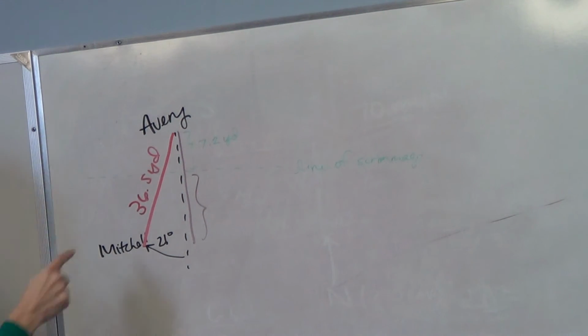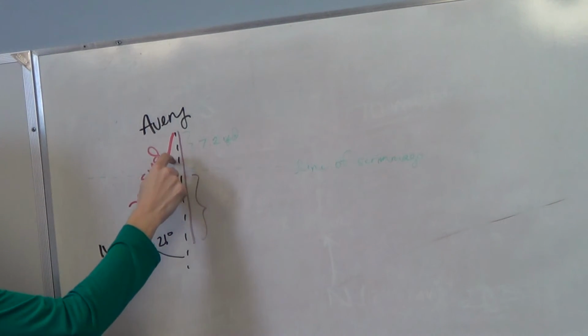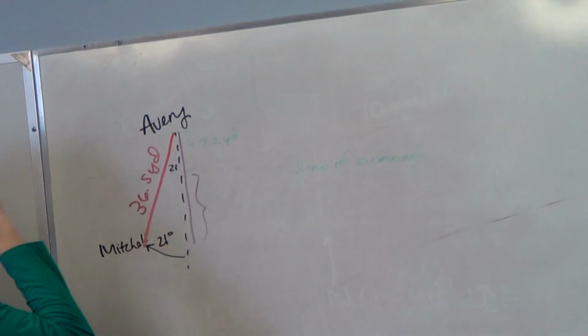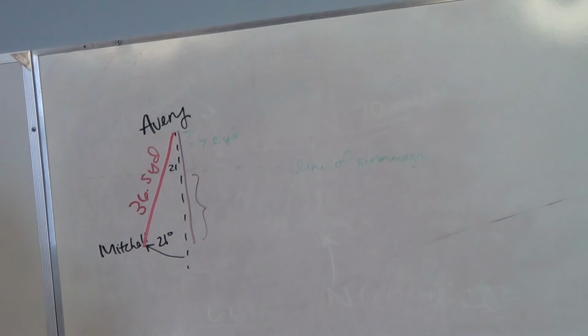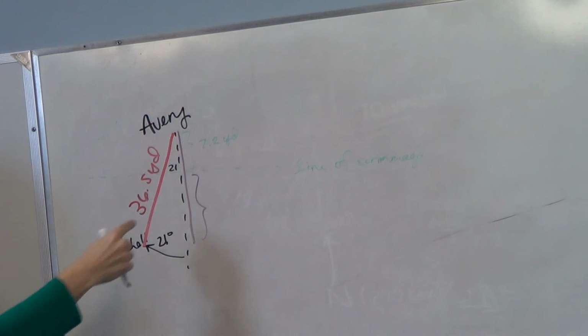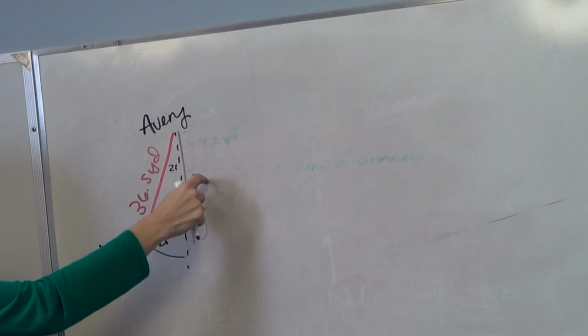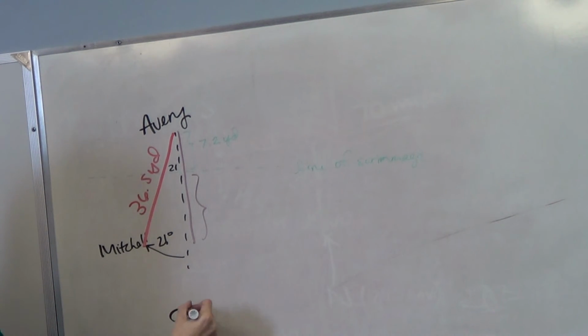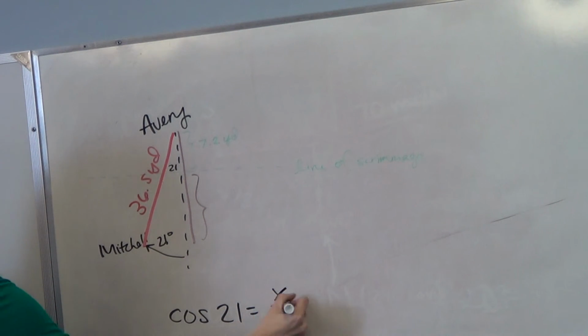So if this is 21 degrees here, then we can use trig. So I'm going to write the 21 here. You want to know the adjacent side, you have the hypotenuse, so that would be the cosine of 21 equals x over 36.5.